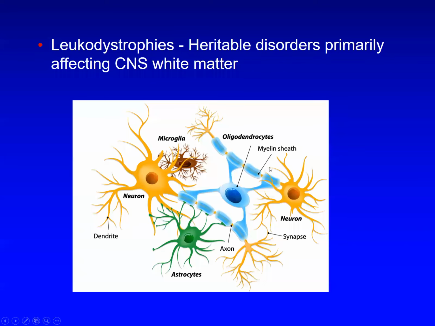And just to give one caveat as well, these are not just diseases that affect the oligodendrocytes, which are the cells that actually make the myelin, but really there are a lot of complicated interactions in myelination. So you can have leukodystrophies that are predominantly affecting astrocytes, axons, microglia, even the blood vessels. But they are largely progressive, and most often they're pediatric onset.